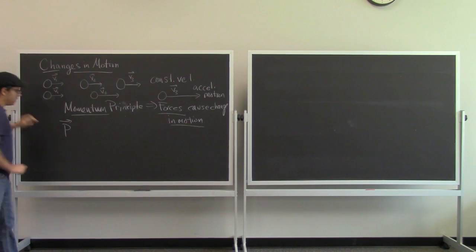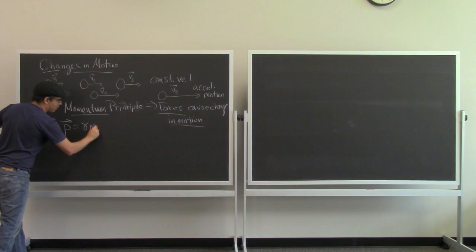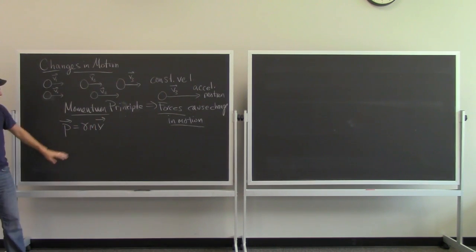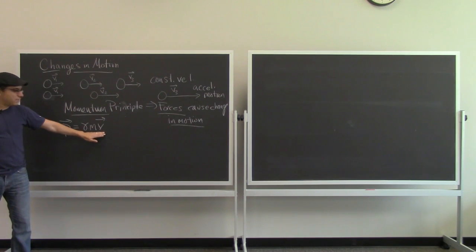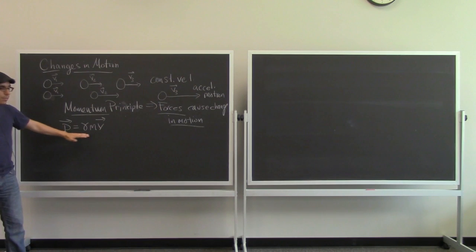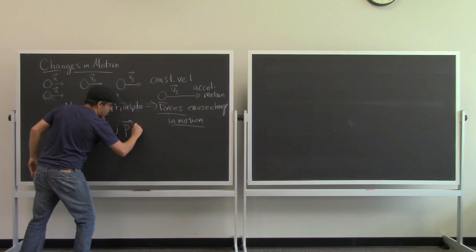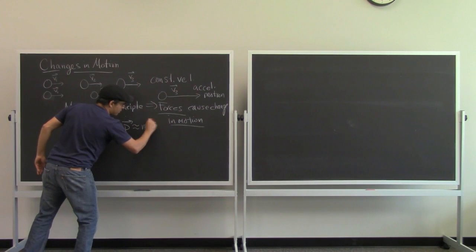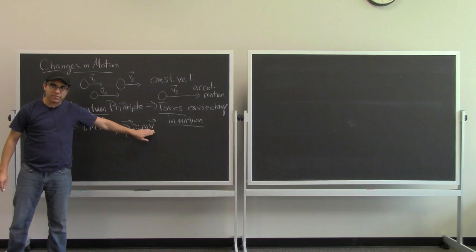Momentum is defined by this vector p, and we can calculate it using this formula: gamma, which is a scale factor, times the mass of an object times its velocity vector. Now, you might not be used to this kind of definition. You probably are used to the approximate definition of the momentum, which is the mass of an object times its velocity vector.